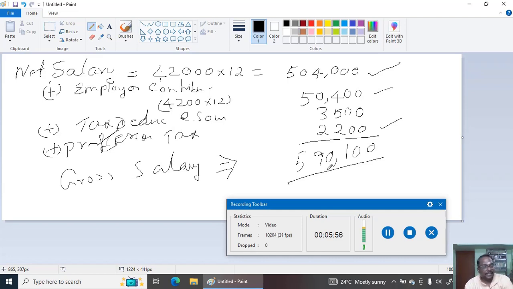The next is agricultural income. For all income we need to pay tax, whether it is rental income, income from house property, capital gains, or any amount received by way of winning a horse race. Everything is called income and you need to pay tax. Another part is cultivation, rice, coconut or vegetables.